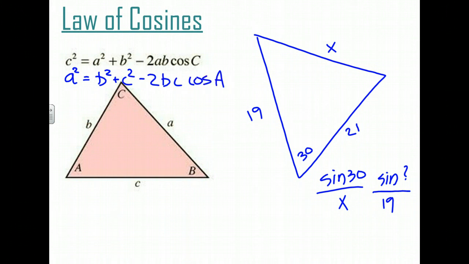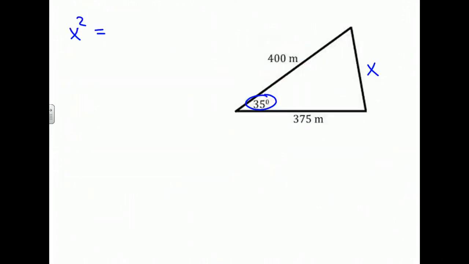The thing to take notice of is that whatever angle you're using, its opposite side is the one that starts off the equation. That's what I was talking about before. So how do you know which one starts it off? Well, whatever angle we have, its opposite side starts it.